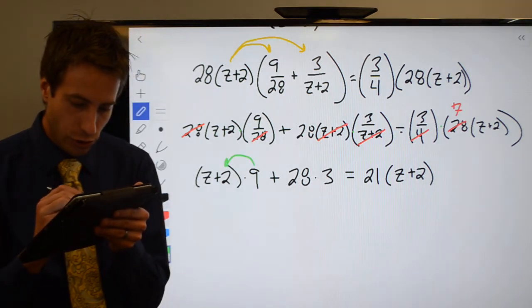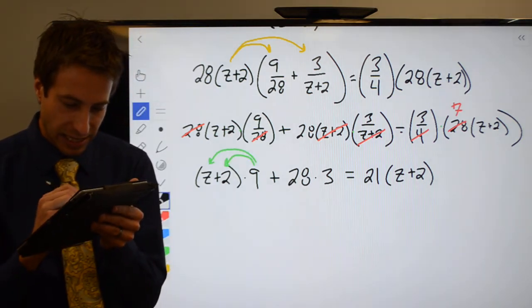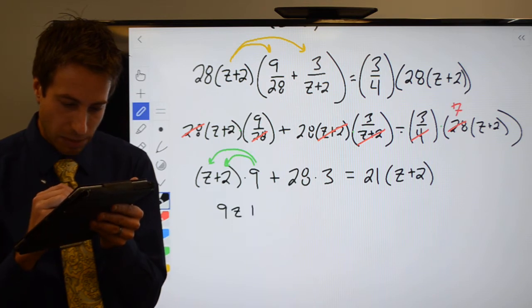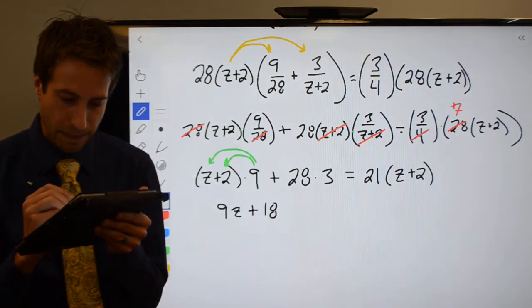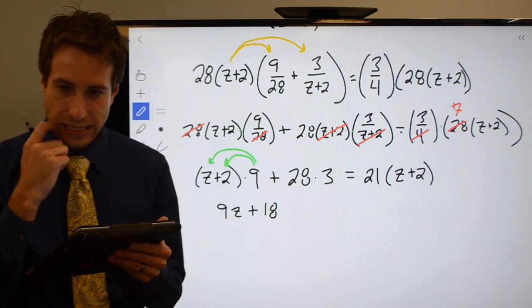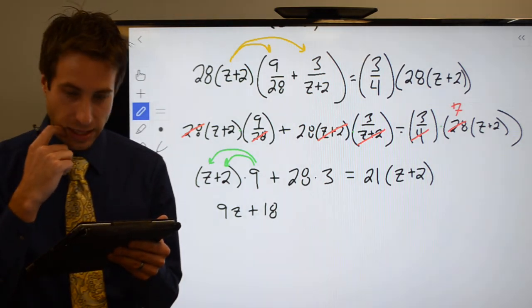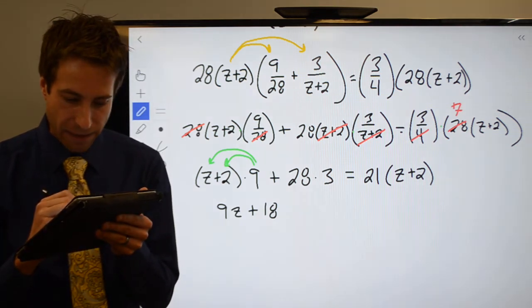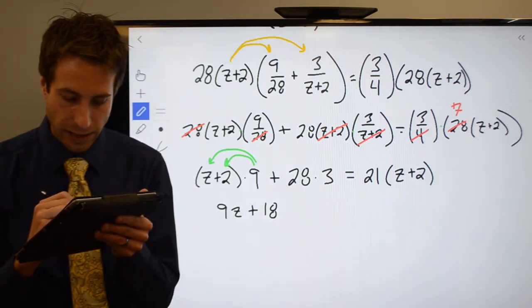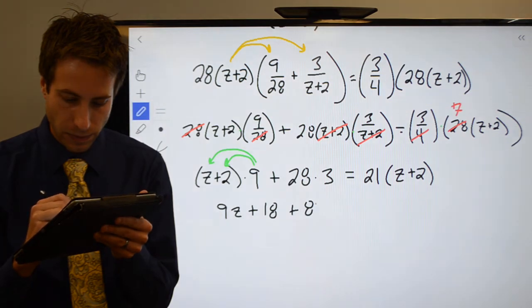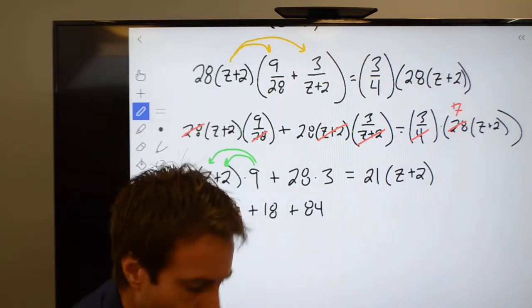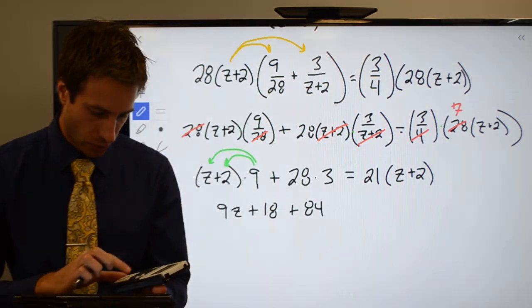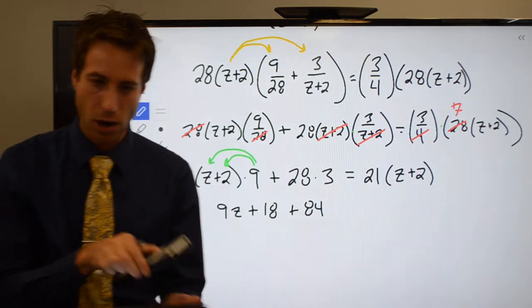I will need to distribute the 9 through the parentheses. That's going to give me 9z plus 18. 28 times 3 should be 84, so that'll be plus 84. Let me just grab my calculator real quick and double check to make sure I did that right. 28 times 3, yeah, awesome, 84.